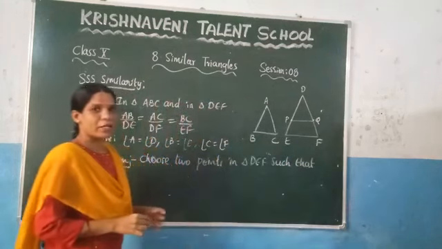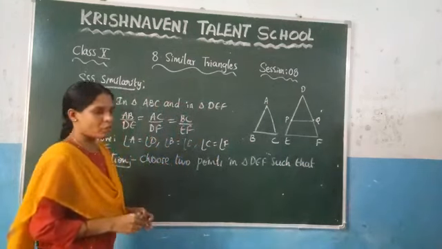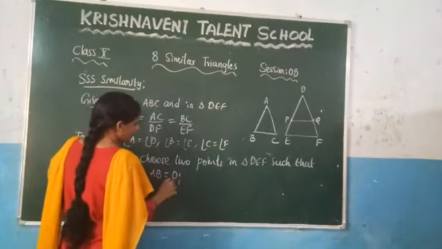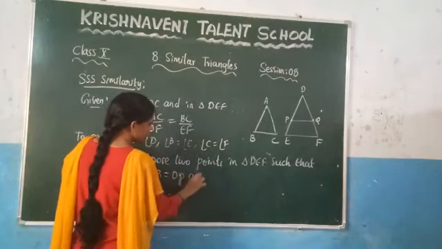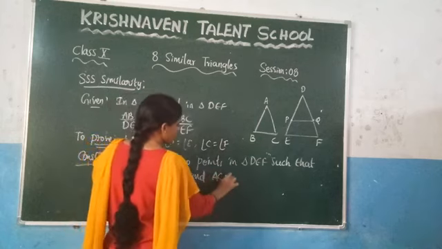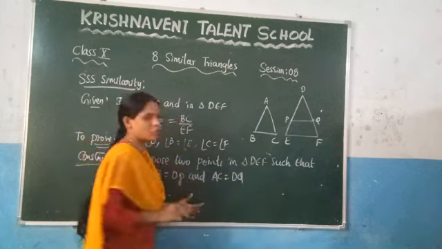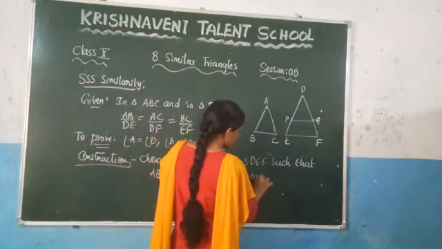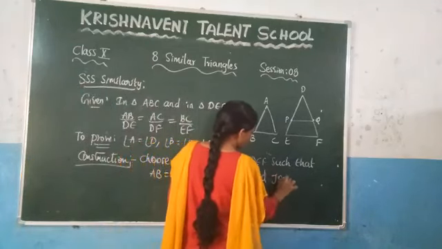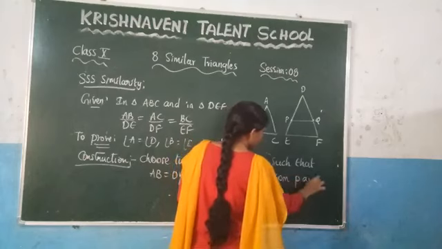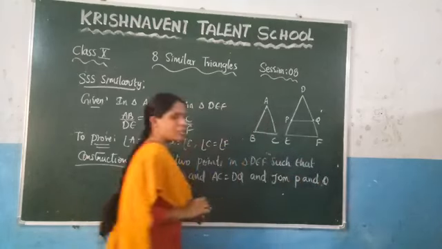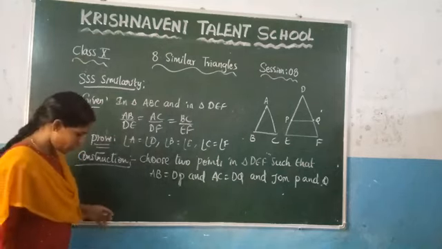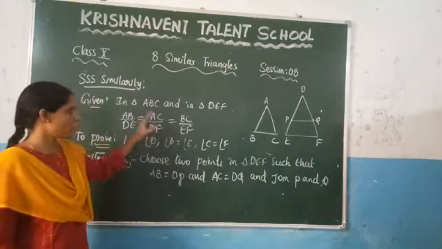We are choosing the points P and Q such that the length of AB is equal to the length of DP and the length of AC is equal to the length of DQ, such that we are choosing 2 points P and Q. And after choosing those 2 points, what have we done? We have joined P and Q. This is our construction.